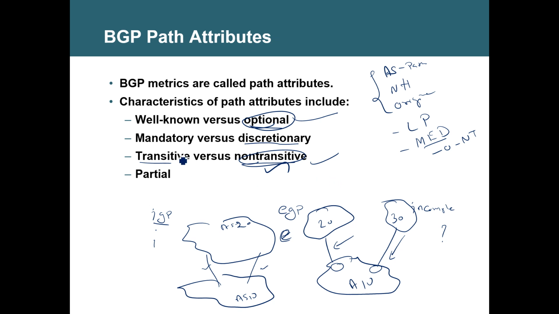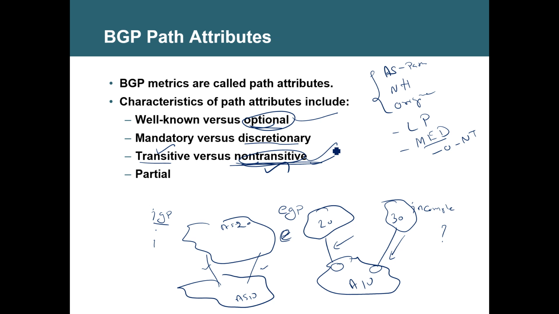If a router accepts an update without MED, then it is optional transitive, but actually no routers will accept it, as per the standard they are designed. MED should be seen, though it is not that important in a multi-homing scenario, but you still need it. If not, it will discard that. So we call MED optional non-transitive.